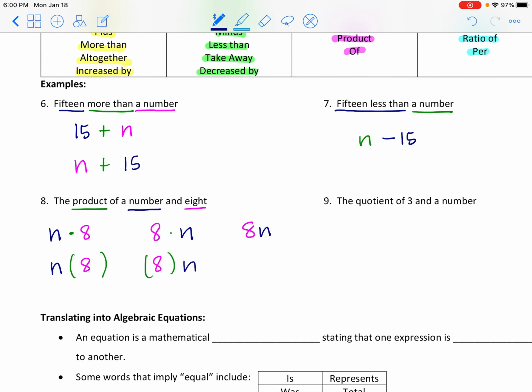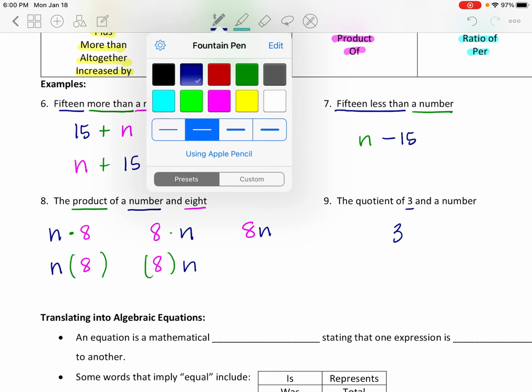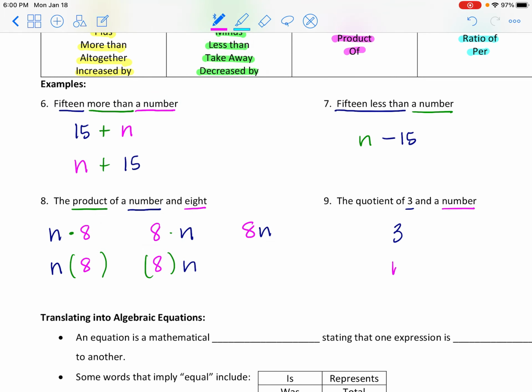Okay. The next one says the quotient of 3 and a number. So quotient is telling us to divide. What we're dividing is 3 and then our number. So we want 3 and we want our number. Obviously 3 is going to be 3. Our number, let's call that n. And then quotient means to divide those things. And so we could use a fraction bar to divide.